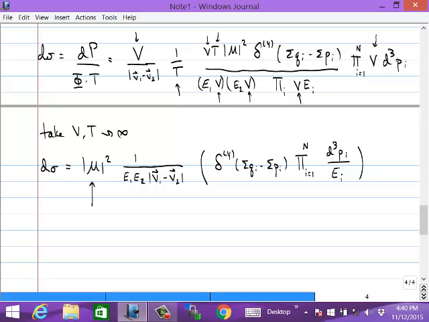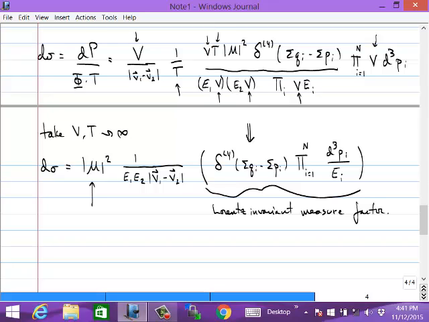The second comment that I'll make is that this measure factor is actually Lorentz invariant. In particular, this momentum-conserving delta function is a four-dimensional delta function, so it's Lorentz invariant.